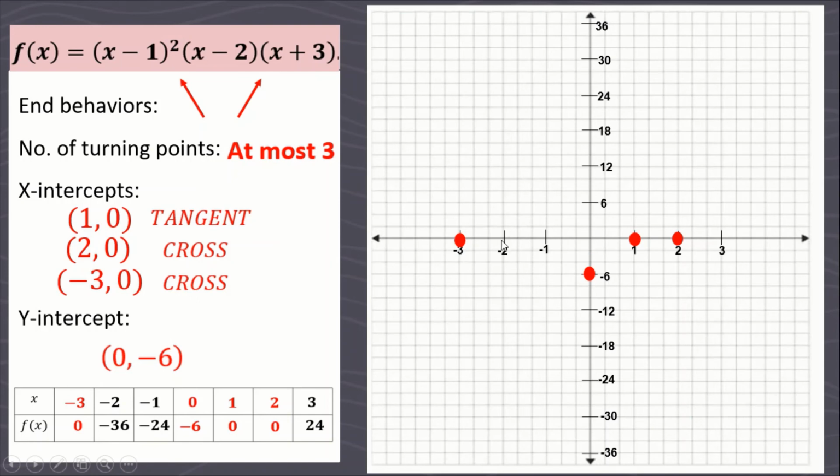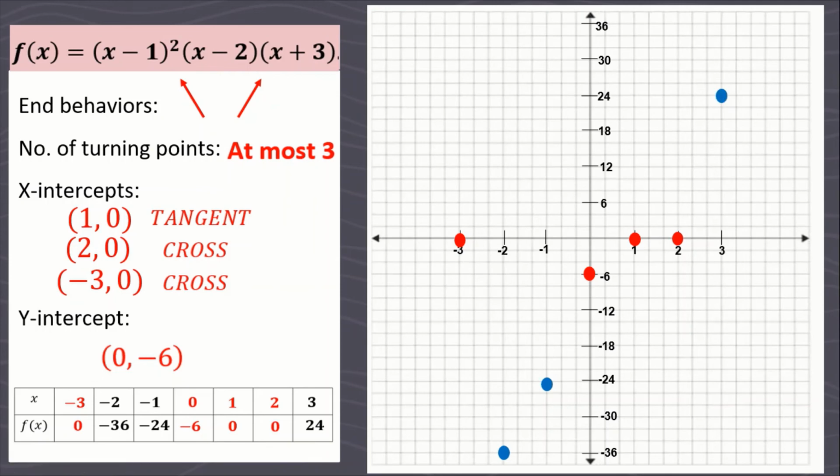Negative 2 ang x, then negative 36 ang y. And then, negative 1, negative 24. Negative 1 ang x, then negative 24 ang y natin. And then 3, 24. Positive 3 ang x, and then ang y natin ay positive 24.